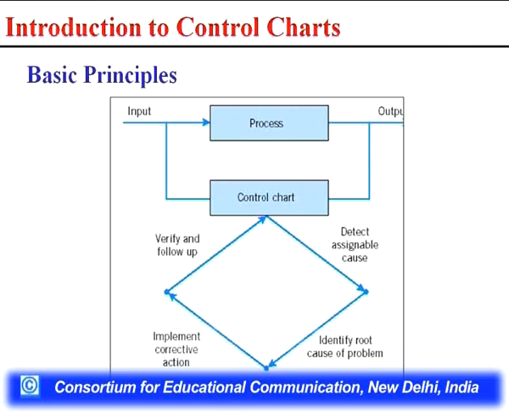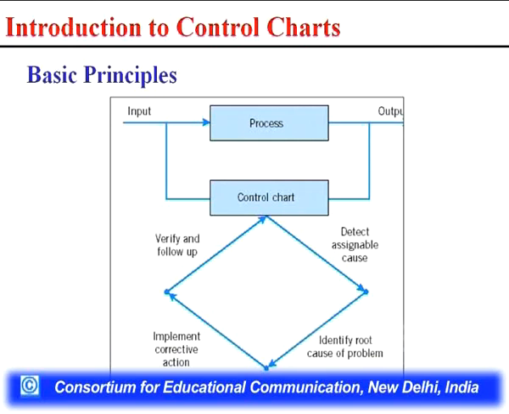Then we have to detect the assignable cause and identify the root cause of the problem. If the assignable cause is detected, then we have to find the root cause of the problem, implement corrective action, and verify and follow up. This is the way control charts operate, and to get rid of the assignable causes.